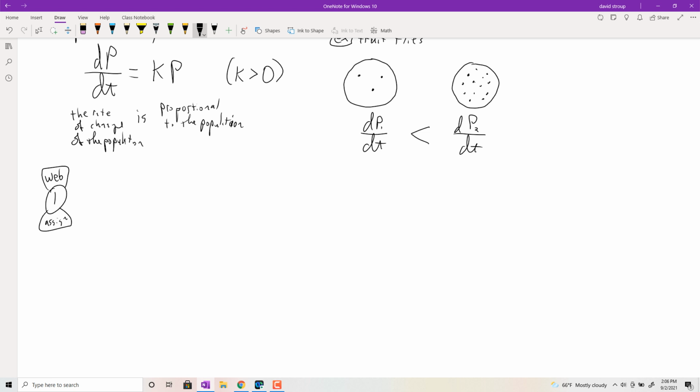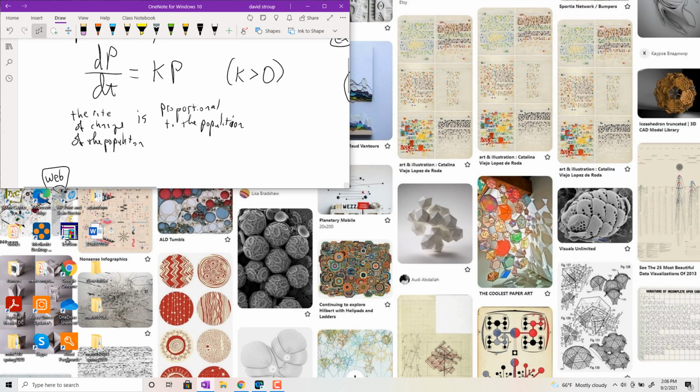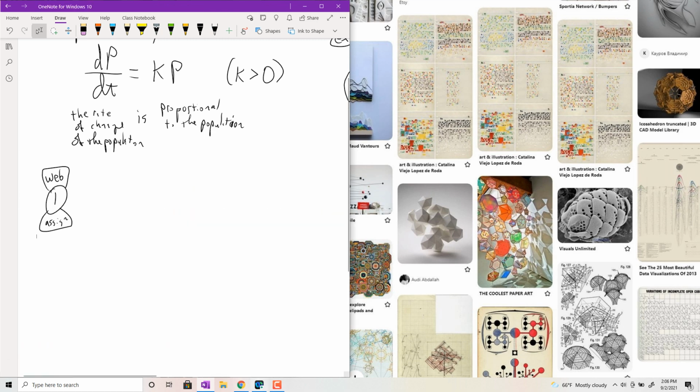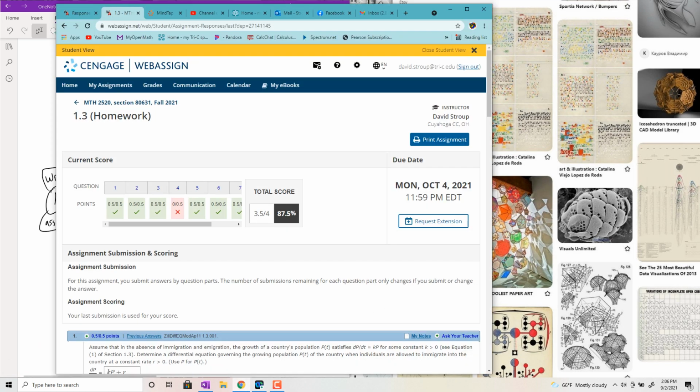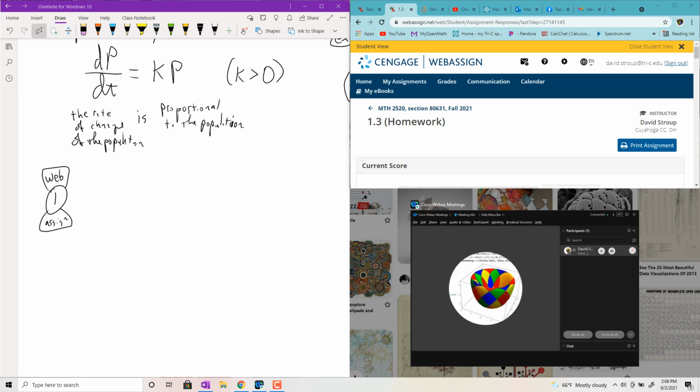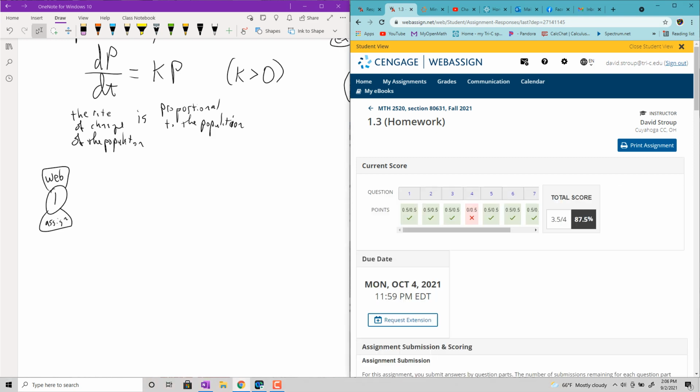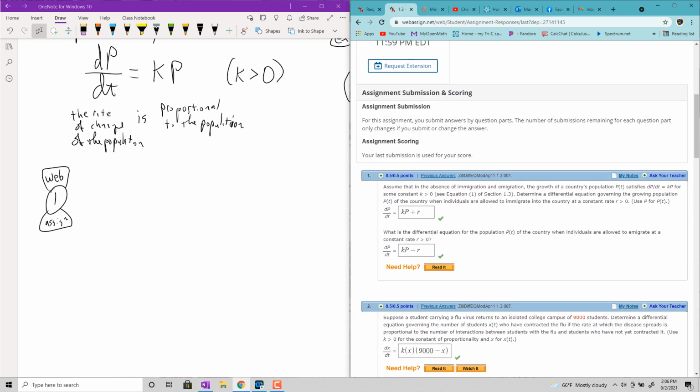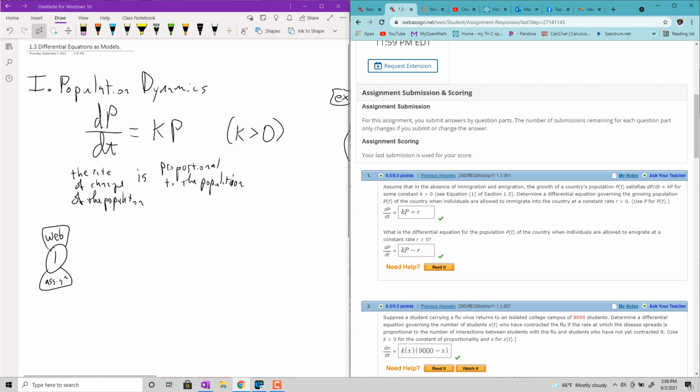Okay. So let me get the question out so I don't have to reproduce it. Okay. So assume, so they're adding immigration into the population model.